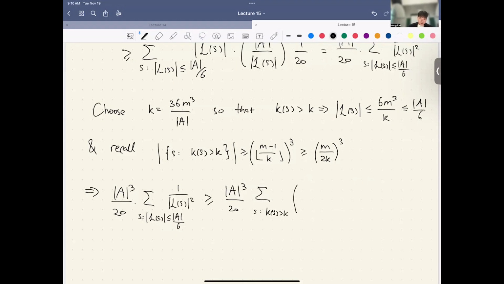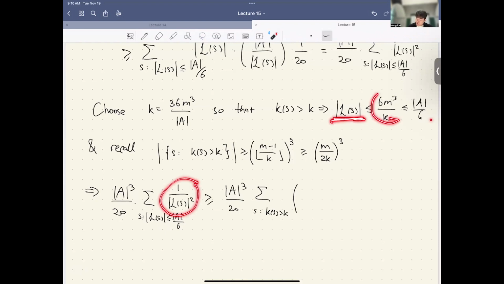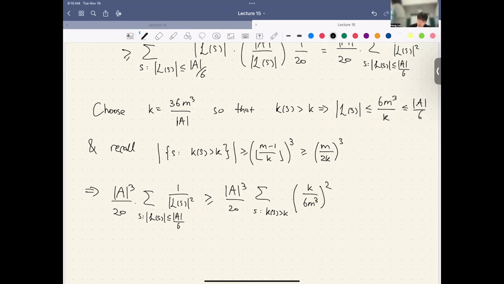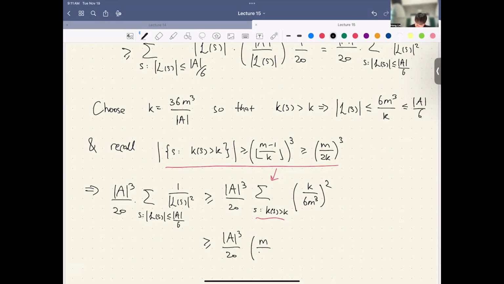And for such a choice of direction, the corresponding 1 over L_S is at least this thing squared, the reciprocal, so K over 6M cubed, squared. Together with the number of summands, which is this, we get at least A cubed over 20 times M over 2K cubed times K over 6M squared.